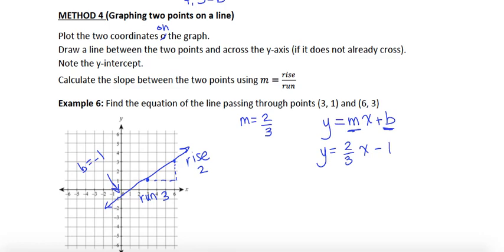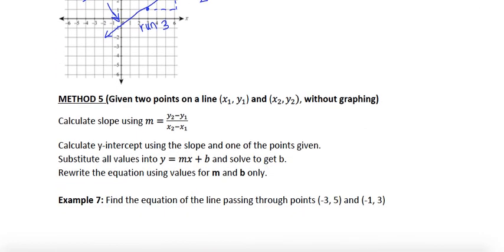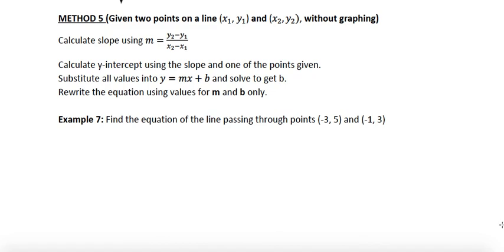All right, last method. This is the little trickier one, like I was saying, but we can do this. So we're going to find the equation of the line using mx plus b when we're given 2 points on a line, but we're not given the graph, or maybe we don't have graph paper, so we can't easily sketch it.